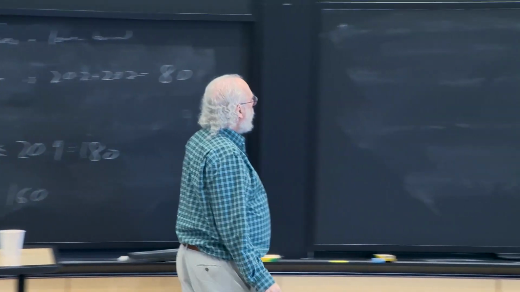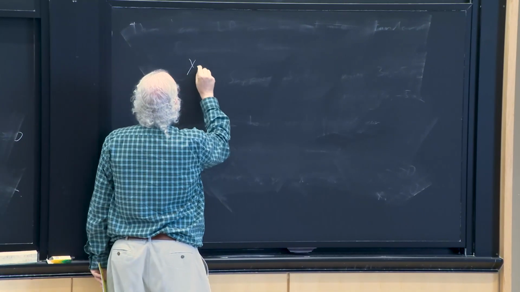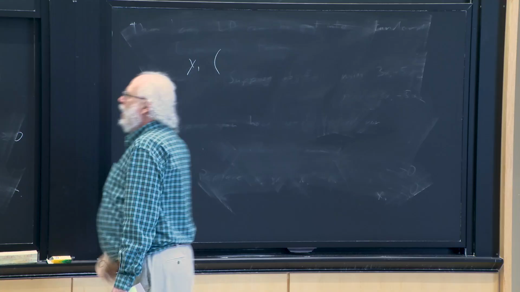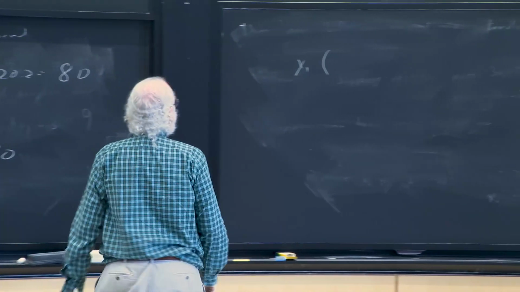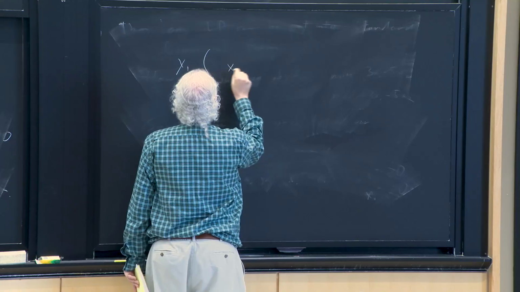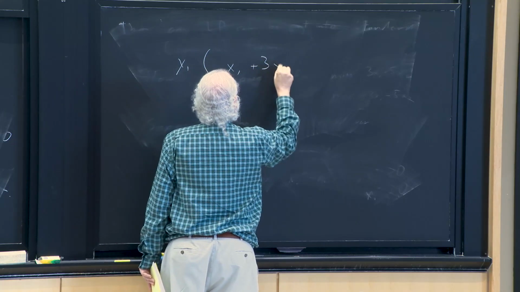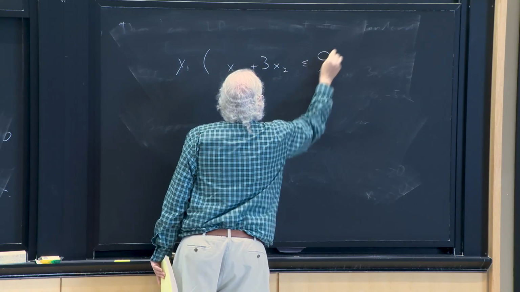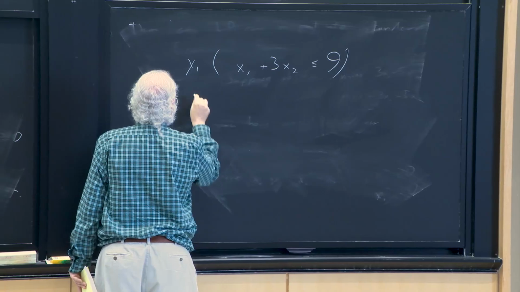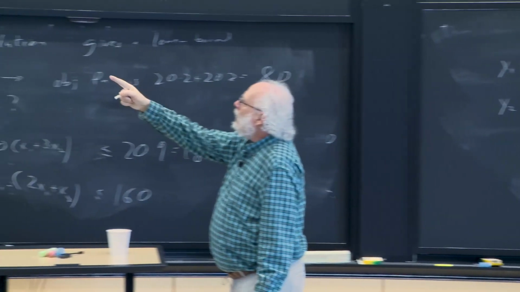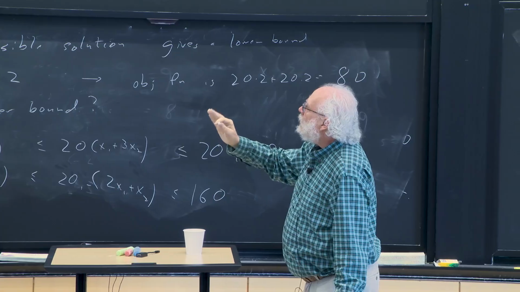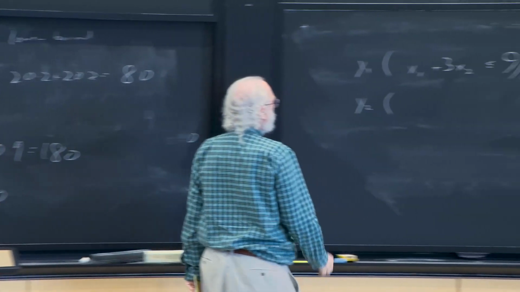So let's say we have y1 times our first constraint, x1 plus 3x2 is less than or equal to 9, and y2 times our second constraint, 2x1 plus x2 is less than or equal to 8.